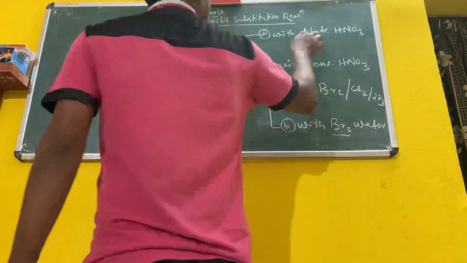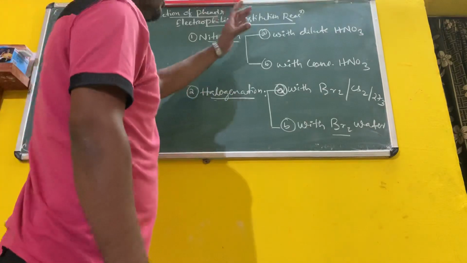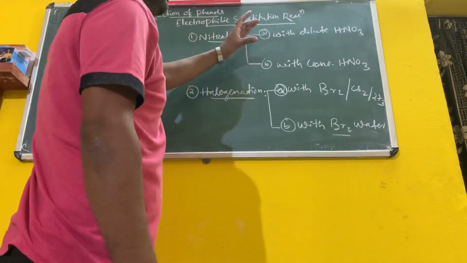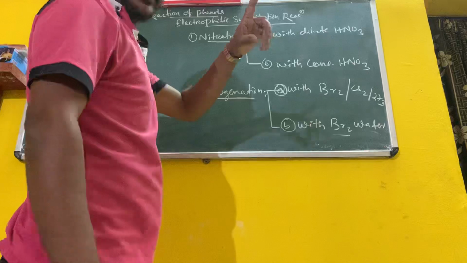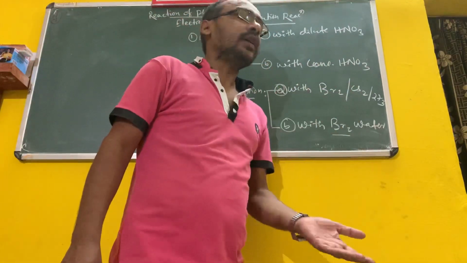First, with dilute nitric acid. What will happen when phenol is treated with dilute nitric acid? There is an electrophilic substitution reaction. The nitro group, NO2, will attack at the ortho or para position, and the para position gives the major product.